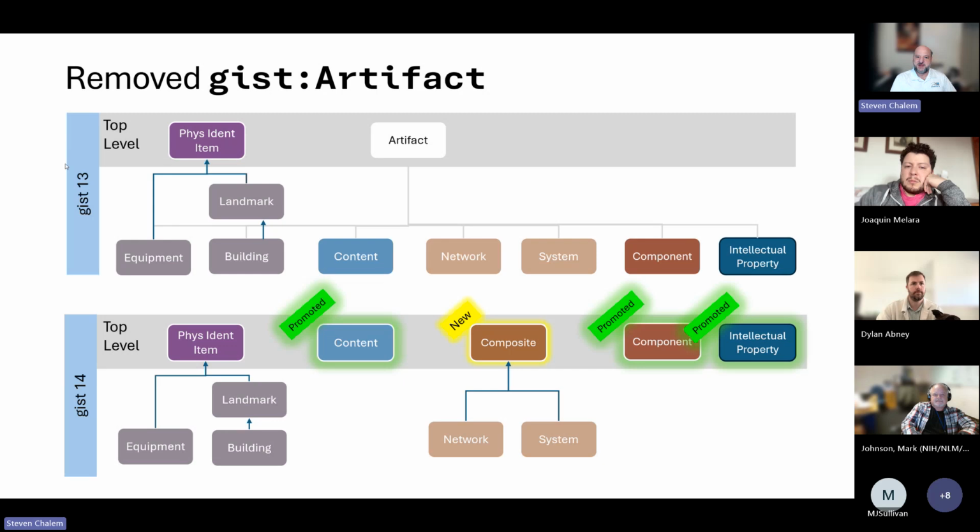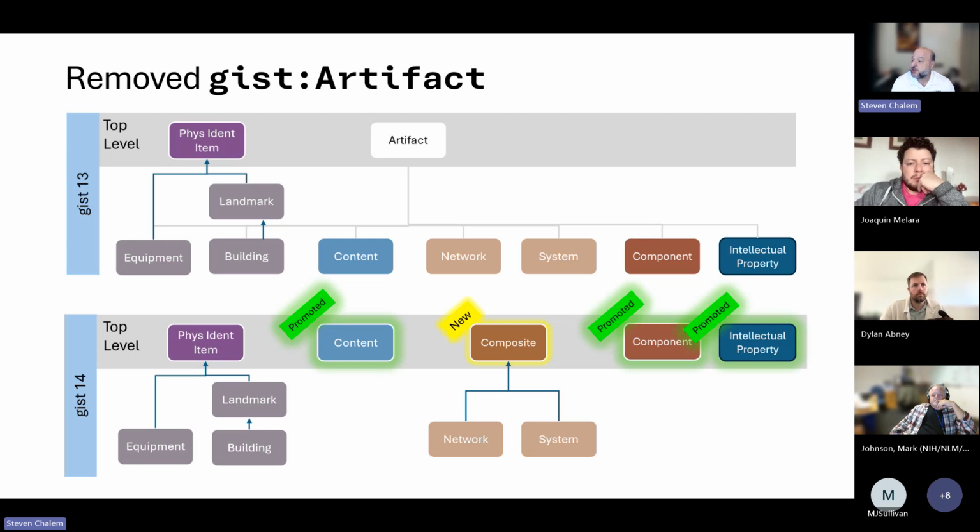All right, so the next major change I want to talk about is we removed the top level class artifact. This was a very broad class that covered pretty much anything that's human made. We were finding that it was so general and so broad that there was nothing really useful that could be said about it in and of itself. It encompasses so many things that it wasn't useful as an organizing principle.